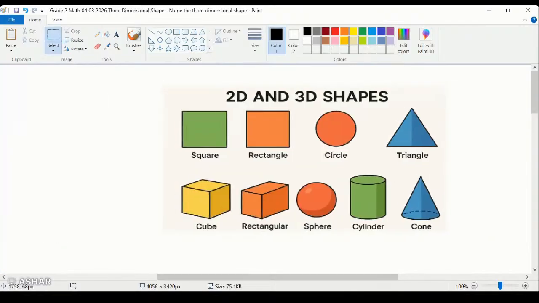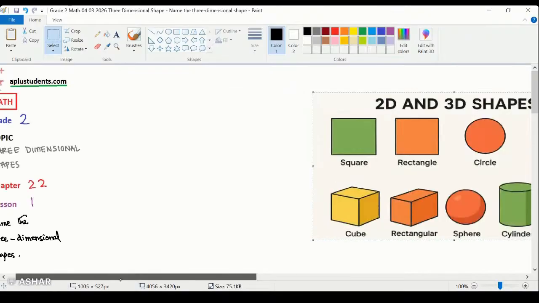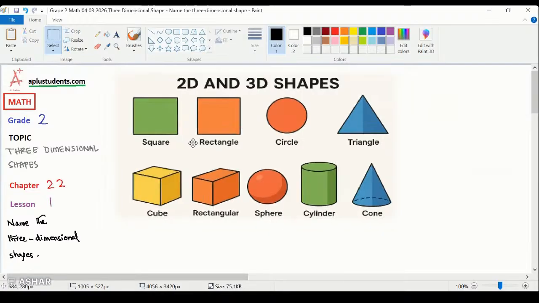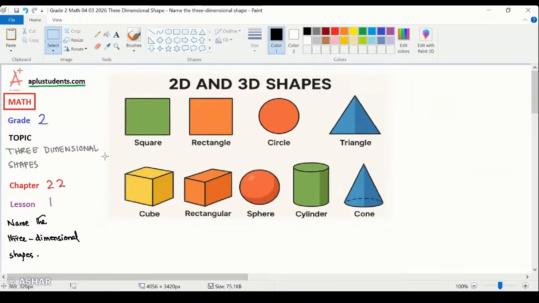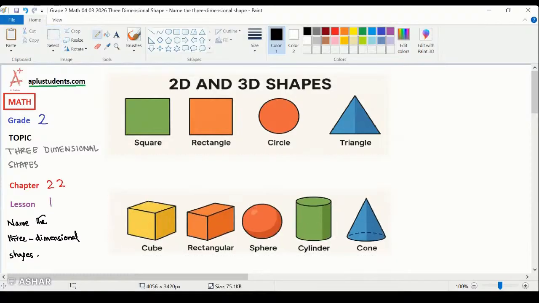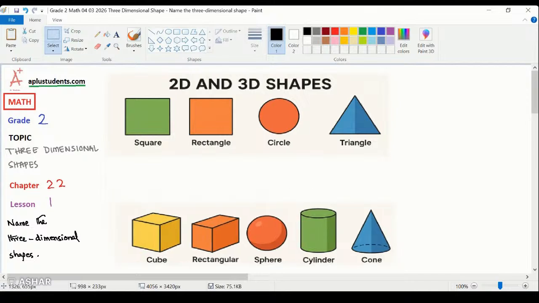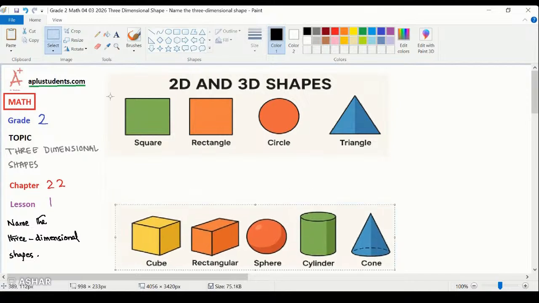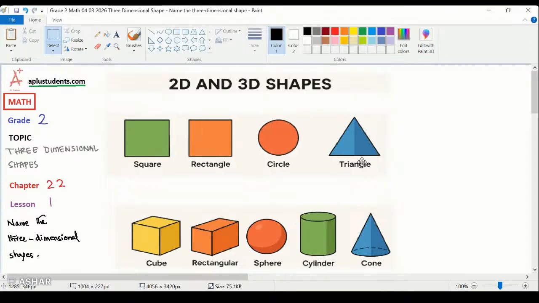We'll compare them and have a look at what exactly 2D shapes and 3D shapes are. In the case of 2-dimensional shapes, we can have a square, a rectangle, a circle, and a triangle, right? A 2-dimensional shape has length and width.